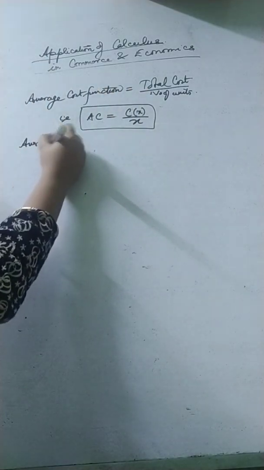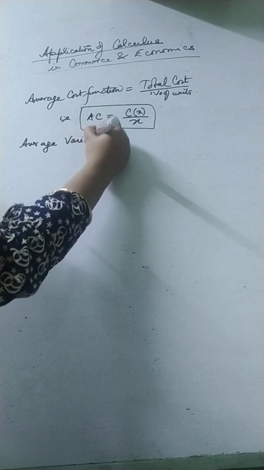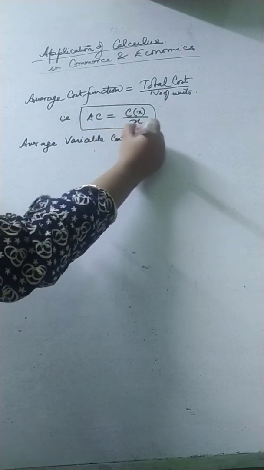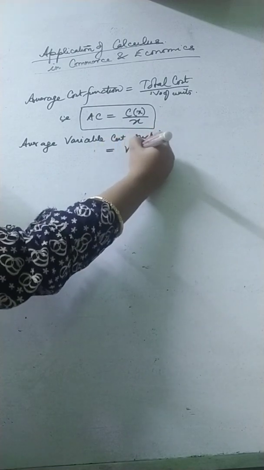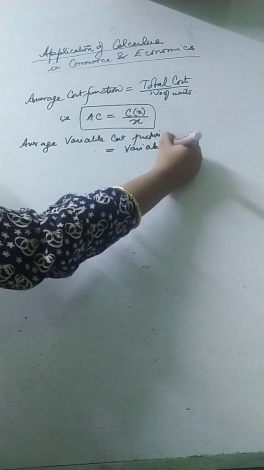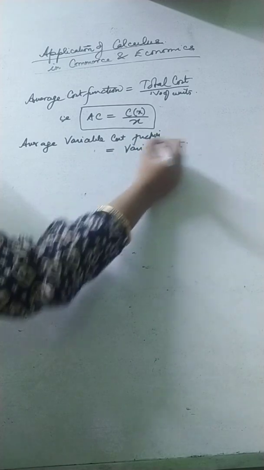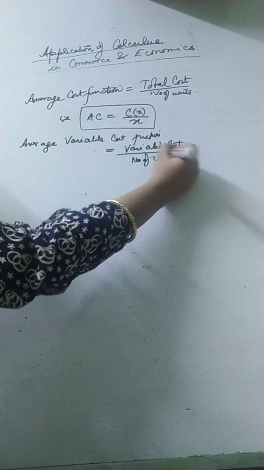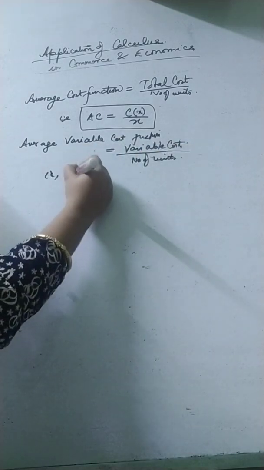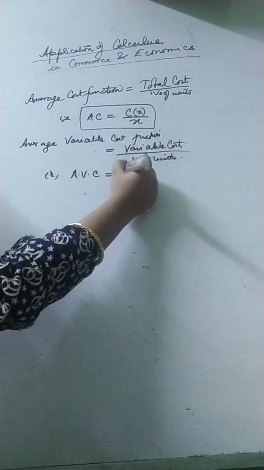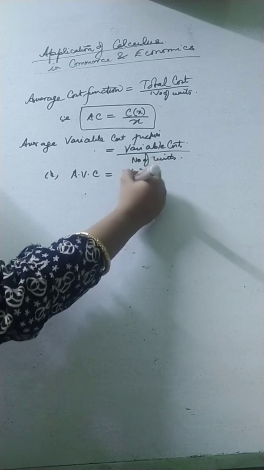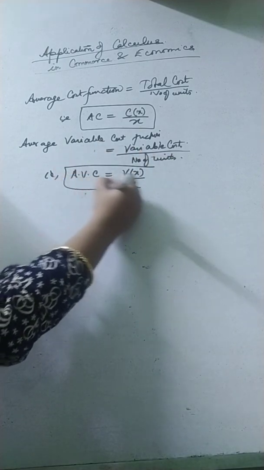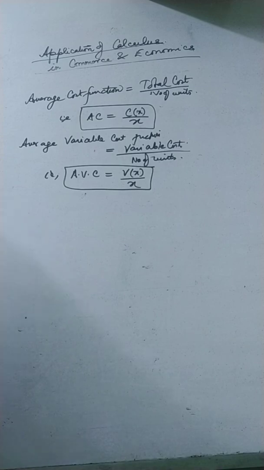We also have the average variable cost function, which will obviously be the variable cost involved by the number of units. So we have AVC is equal to V(x) by x. Okay, AVC is going to be V(x) by x.